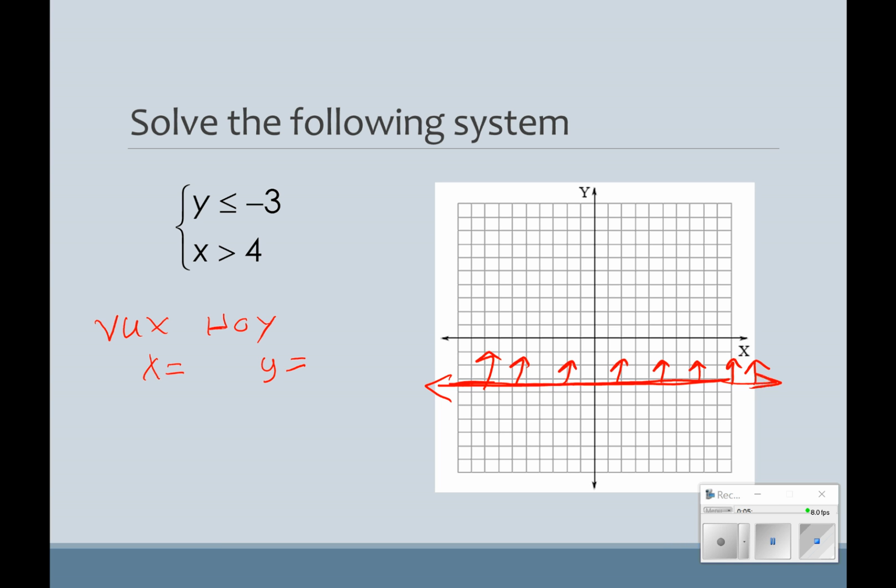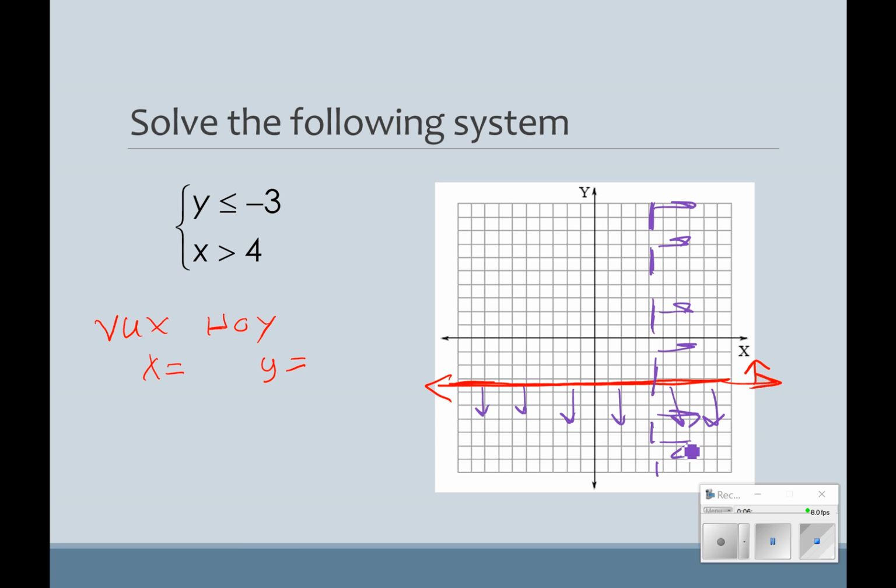Okay, x is, whoops, I hope you guys caught my mistake. Right, we're going to shade below because it's less than negative 3. Right, and then x is greater than 4. It's going to be a dotted vertical line on 4, and it's greater than, so we're going to shade this way.